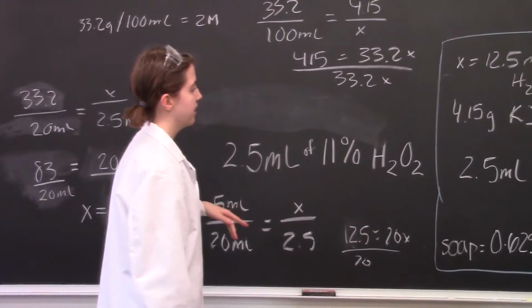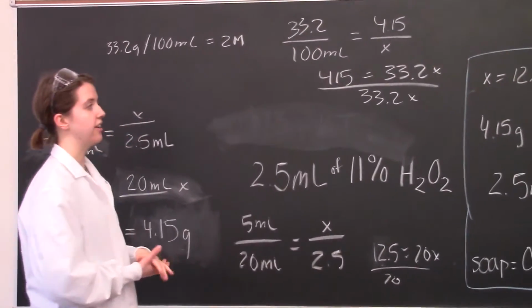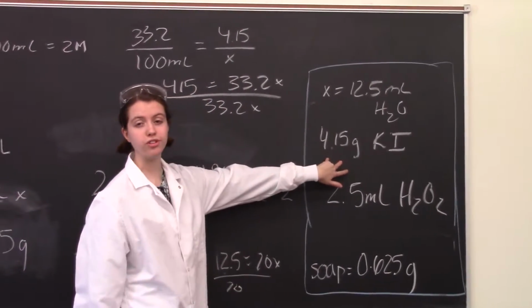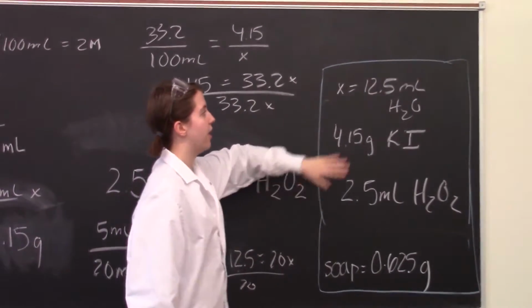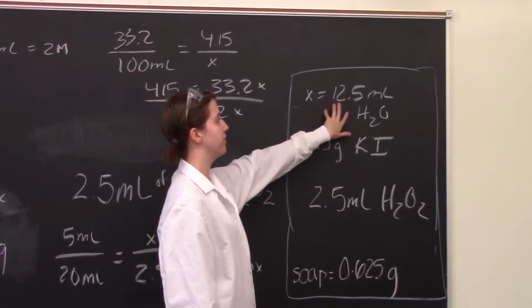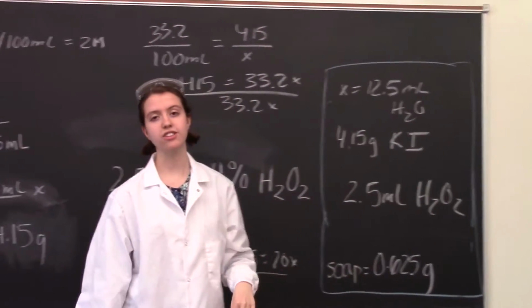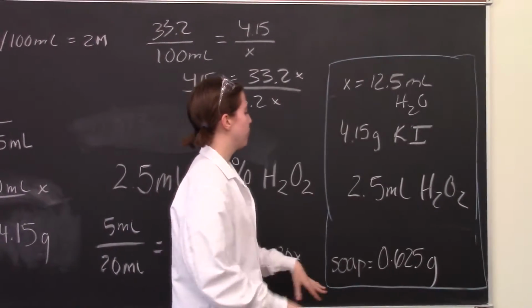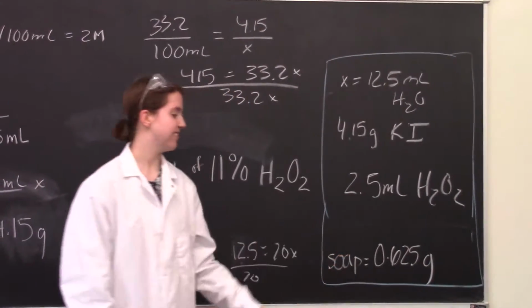We did the same thing for the soap and the water because the potassium iodide is going to be in a 2 molar solution. So we solved for water, and 12.5 mL of water will be used to create the 2 molar potassium iodide solution, and we'll be using 0.625 grams of soap.